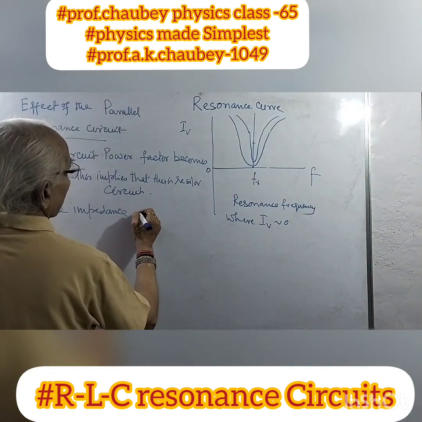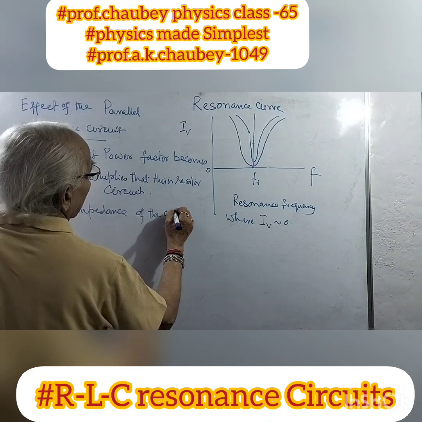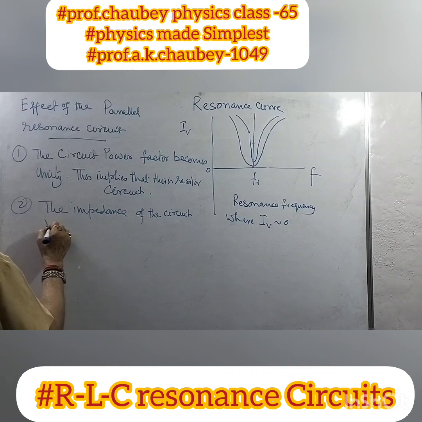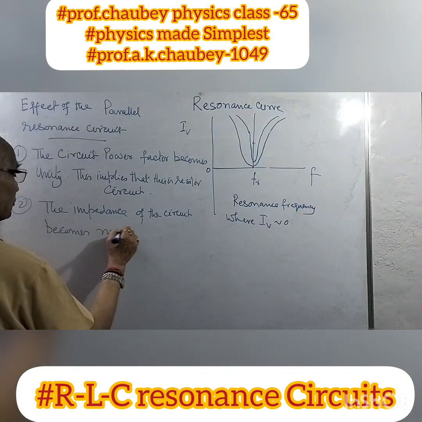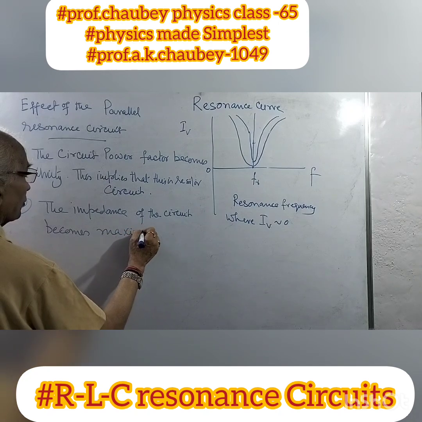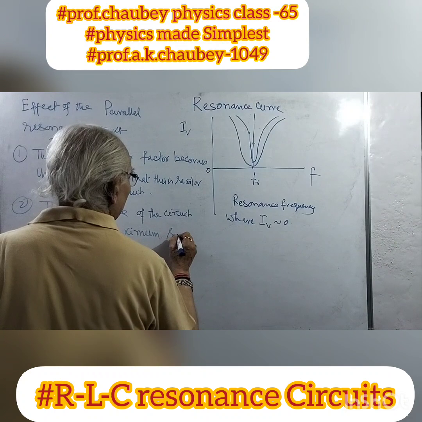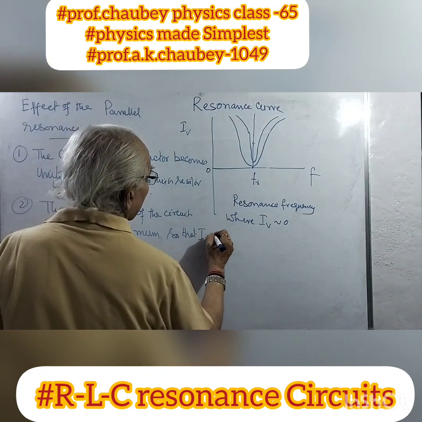The impedance of the circuit becomes maximum, so that IV is nearly zero.